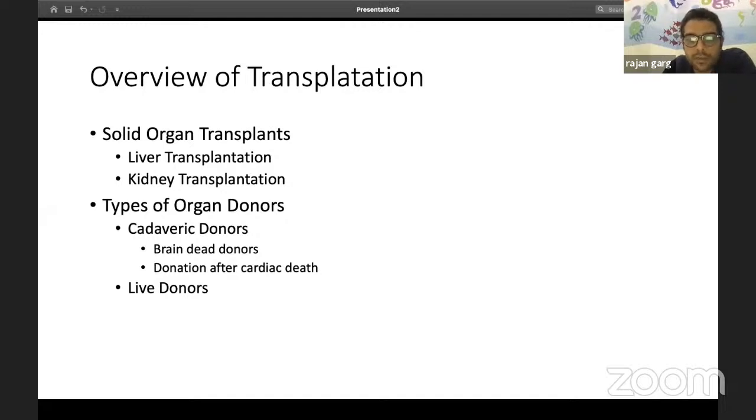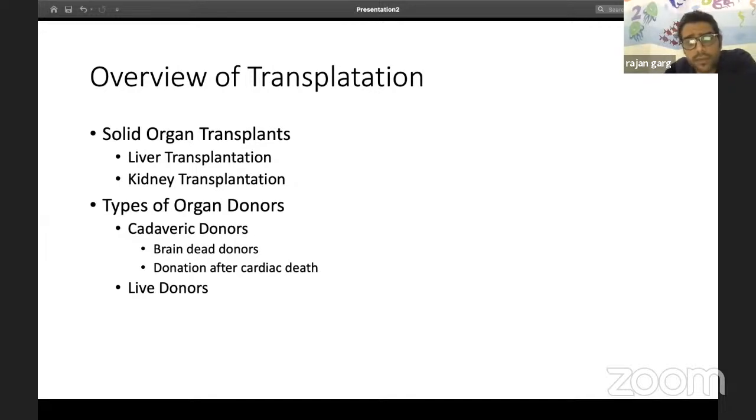So for general practitioners or pediatricians, it is important to diagnose if the patient is in a stage of CKD. We'll discuss how to find out which patient is a potential candidate to go into chronic kidney disease and how to diagnose them earlier, so that they can be referred on time.